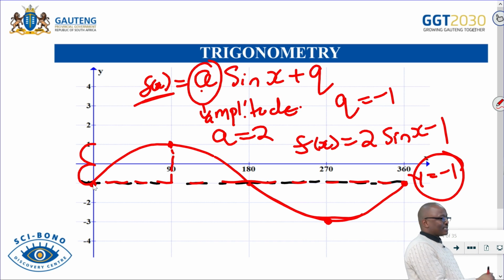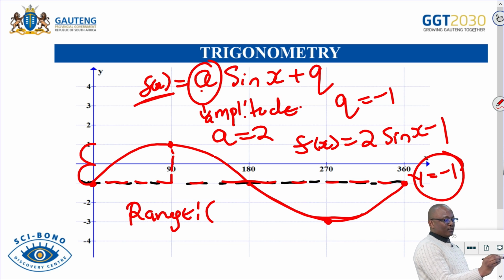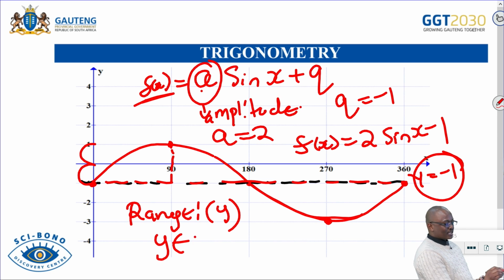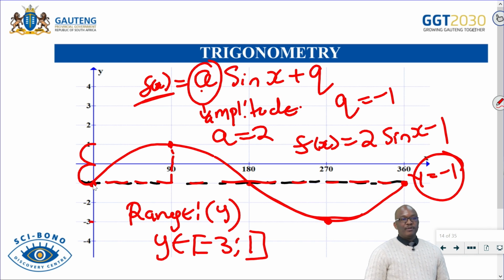So in this case again, you are going to be requested to calculate your range. Range in this case is y is an element of, now we're looking at the lowest value, which is negative 3, and our turning point there, which is 1. So the range will be y is an element of negative 3 to 1.